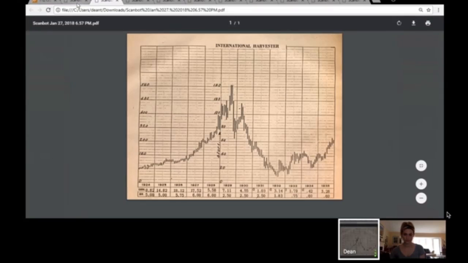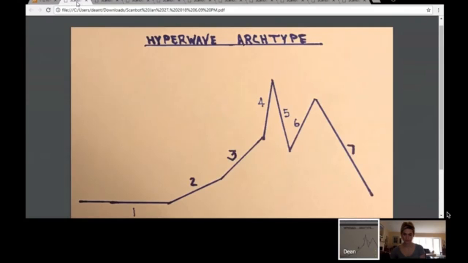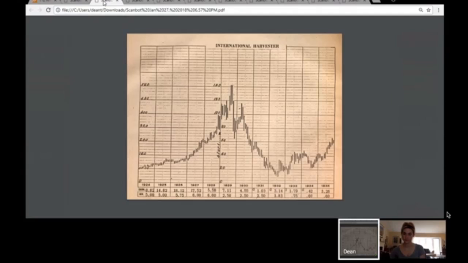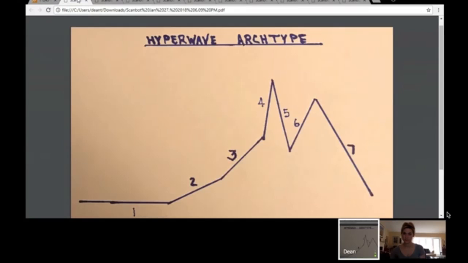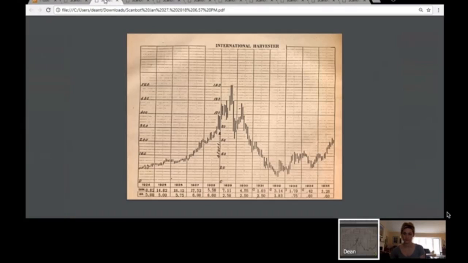And I'm going to flip back and forth just a couple of times between the archetype, in other words, the model of all hyperwaves, and this particular one. You can quickly begin to recognize the movement of a hyperwave from the model to the actual.